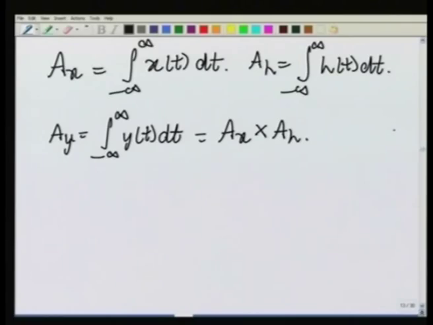So, the convolution of two signals gives us the product of the component signal areas. There is this relationship about areas that you can investigate and try to prove.